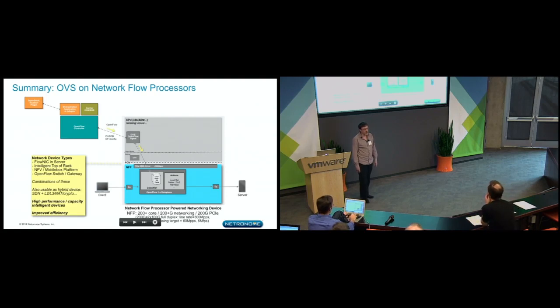In case anybody was curious, it's 200 gig, meaning full duplex 2x100. So some would count that as 400 gig. And the line rate there, one would expect 300 million packets per second for each 100 gig.